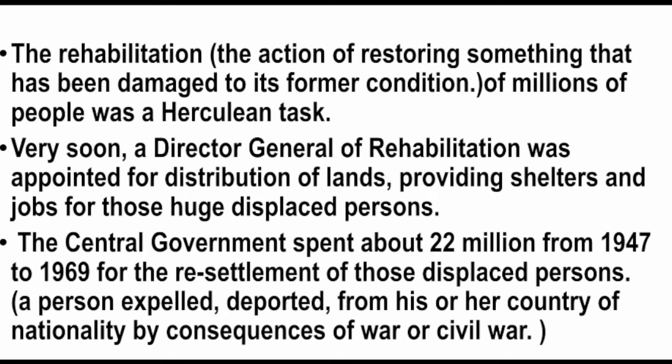The central government spent about 22 million from 1947 to 1969 for the resettlement of those displaced persons. Children, we have already done the meaning of displaced person. A displaced person is a person who is expelled or deported from his or her country of nationality by war or internal disturbance, that is civil war.